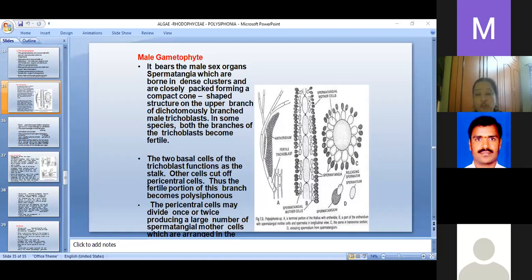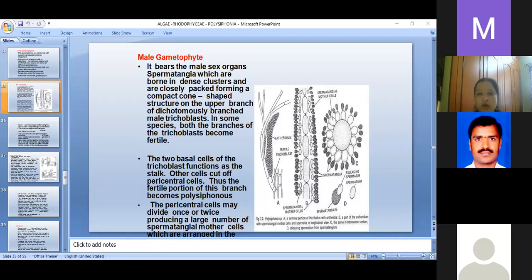And what is the life cycle? This is the life cycle of Polysiphonia. The male and female gametophytes produce the gametes. Here the spermatium fuses with the egg of the carpogonium to form a diploid zygote.